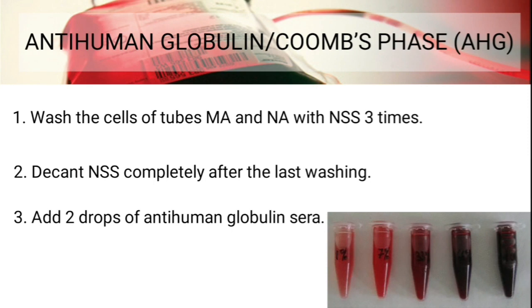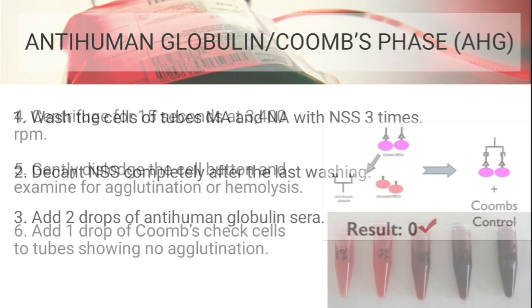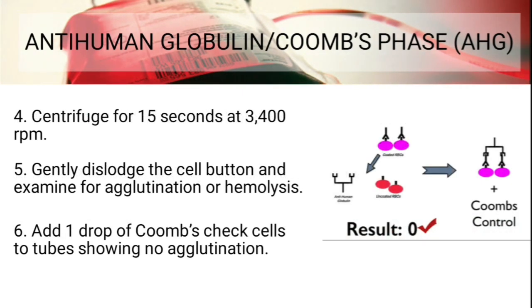So first, what are we going to do in our AHG phase? You have to wash the cells of tubes MA and NA with NSS at least 3 times, and then decant the NSS completely after the last washing. Then add 2 drops of antihuman globulin sera and centrifuge for 15 seconds at 3,400 RPM.